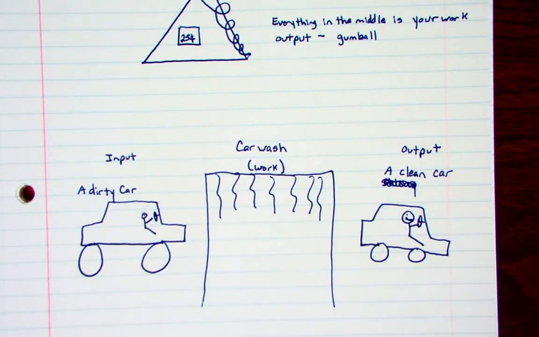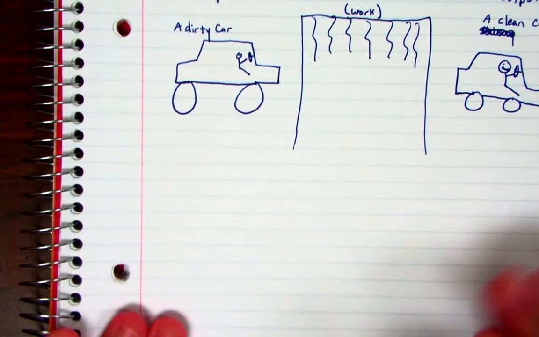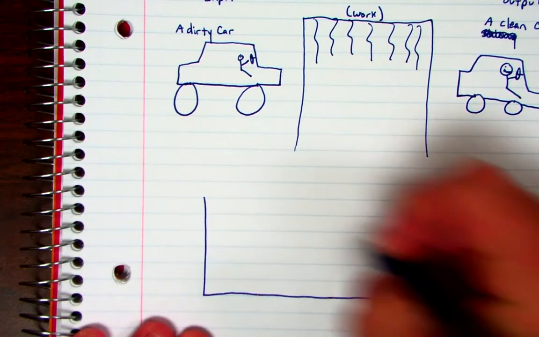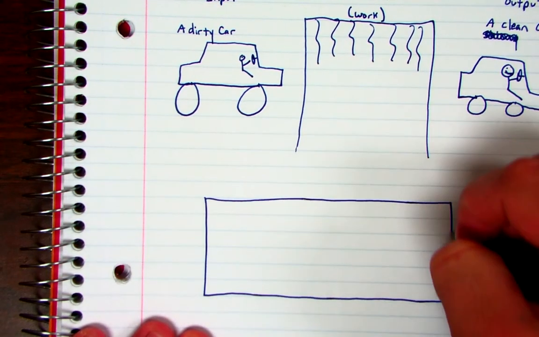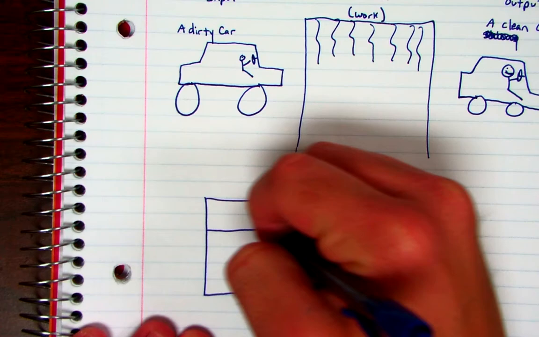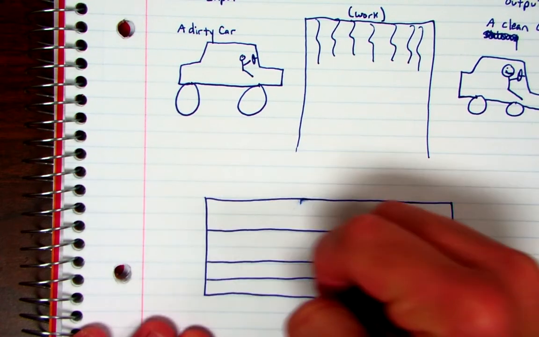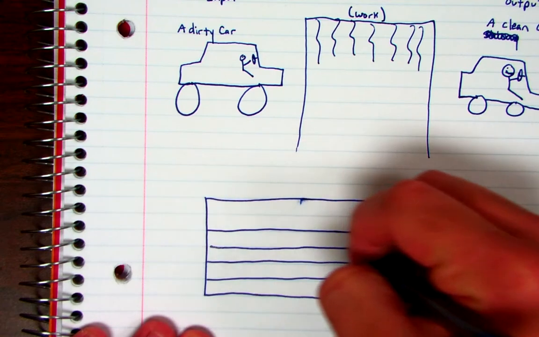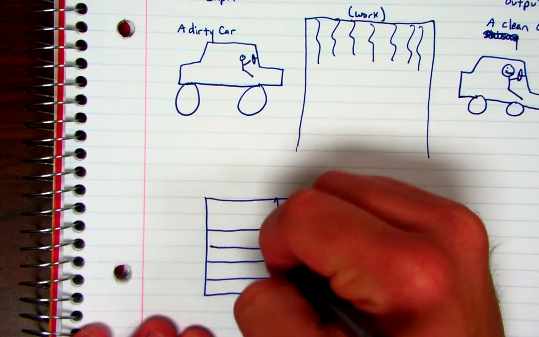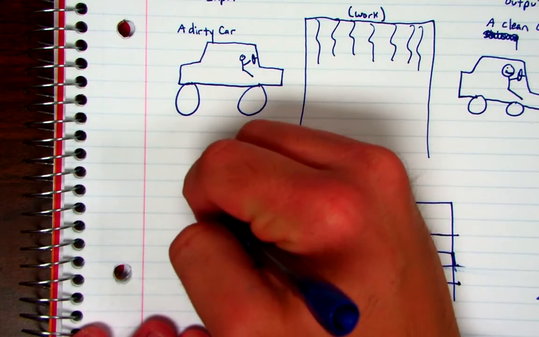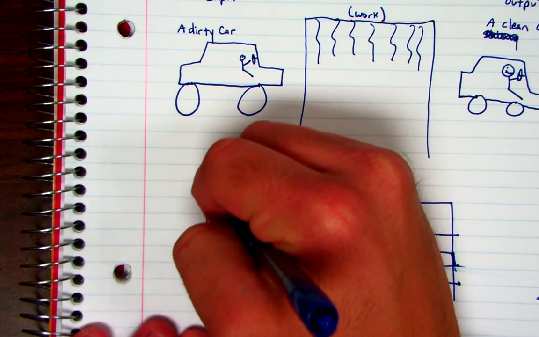Alright, so let's go ahead and do a couple of examples. Let's say we have, I'm just going to create this one. On the top we have our input. Is my input my X value or my Y value?